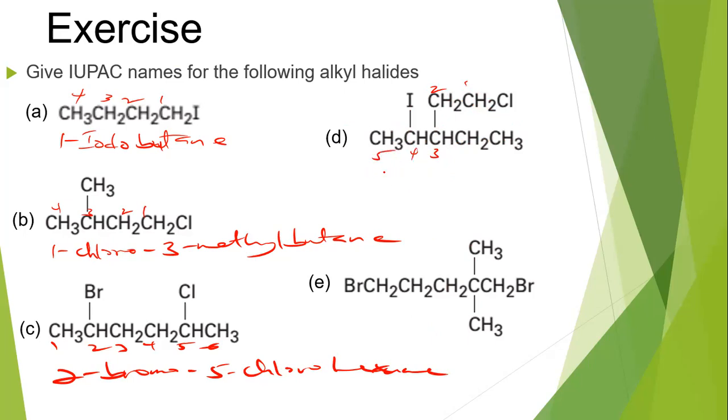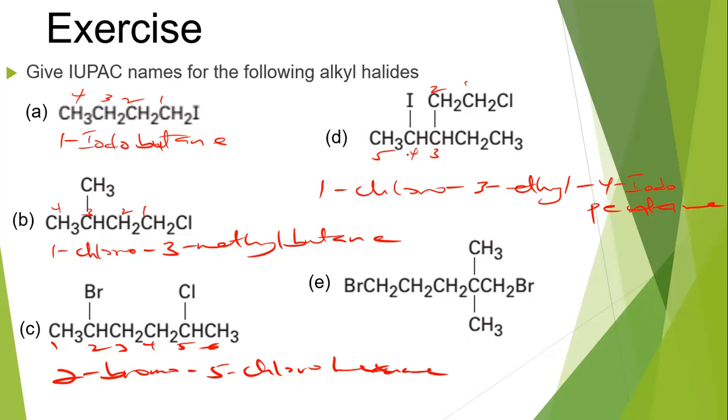So I would have 1-chloro, 3-ethyl, 4-iodo, pentane. Very simple. Good. So you realize I'm also thinking through what I was doing.